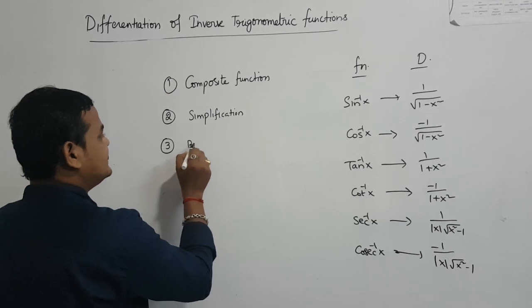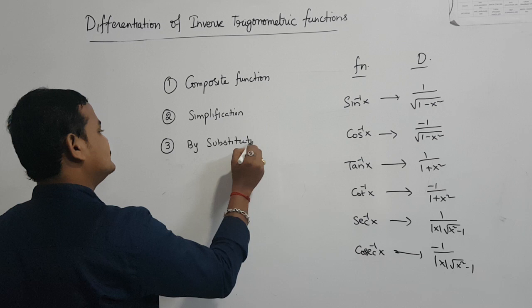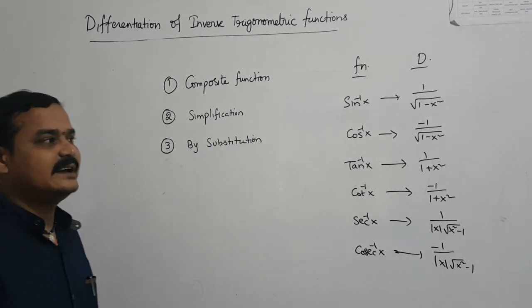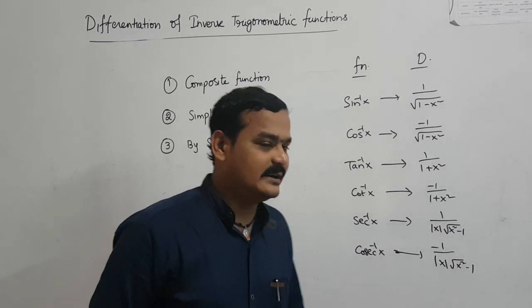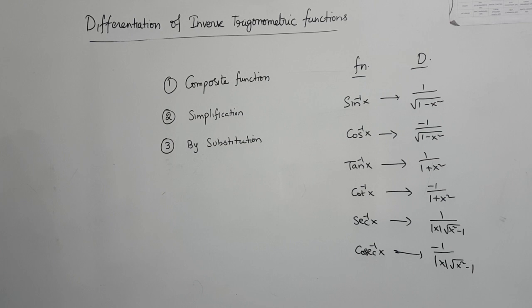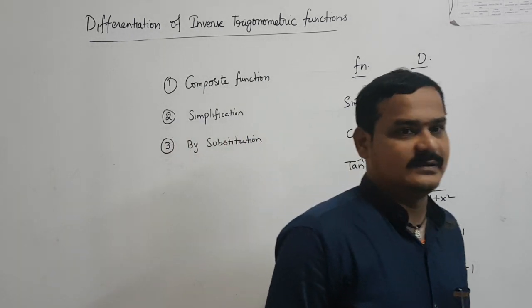Third one is by substitution. In these three ways you can derive the formulas: first is composite function, second is simplification, and third is the substitution method.